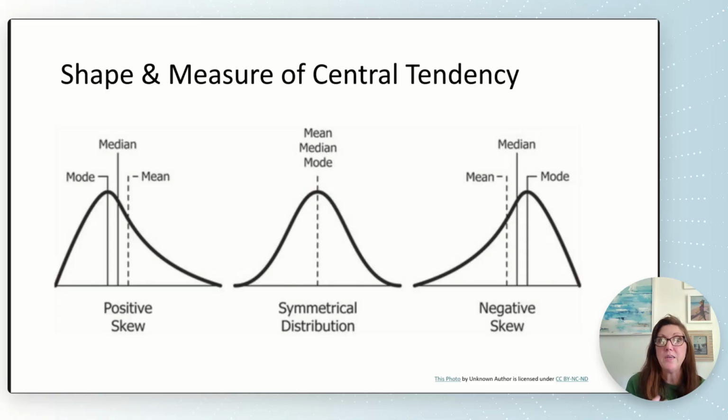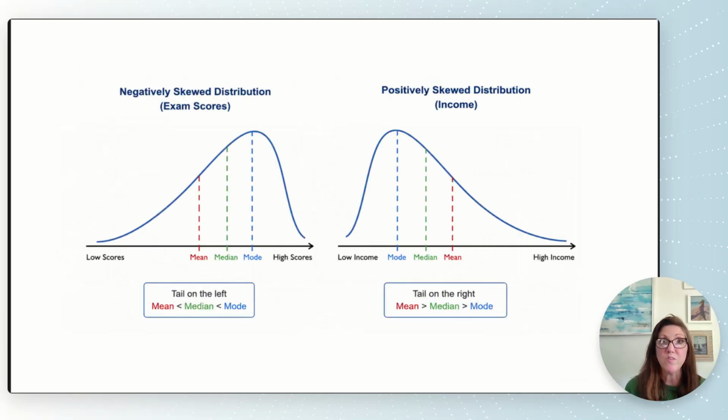So the median is what we use when our data is skewed, when we have those extreme or outlying values. Let's look at two examples of skewed data. This sometimes is really helpful in understanding what we mean by skewed and the impact of one or more outlying or more extreme scores.